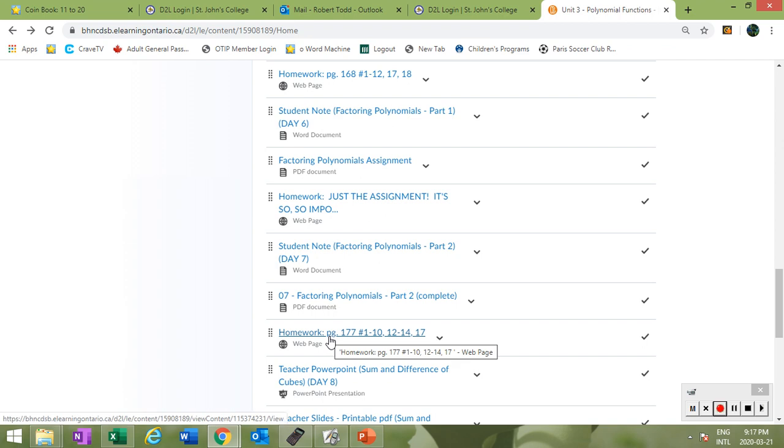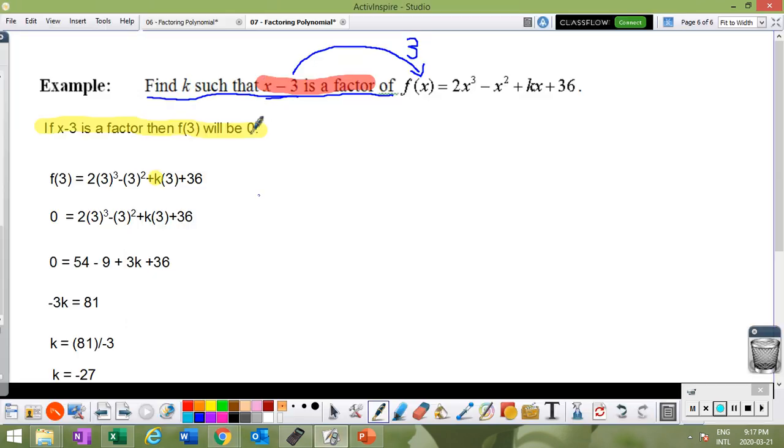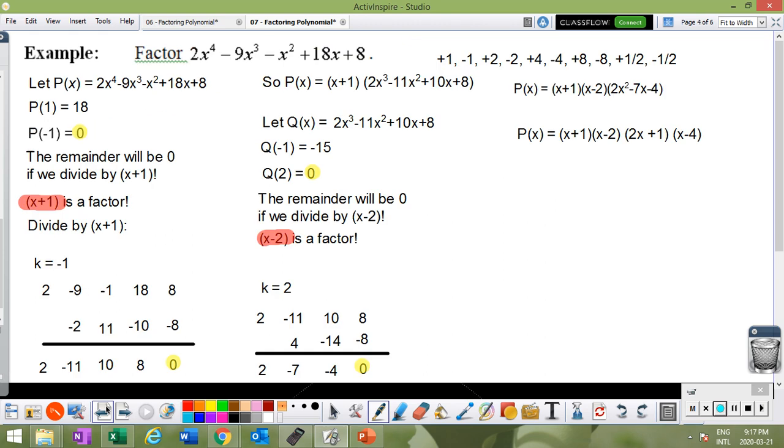This is the most important homework you've seen so far in this course. Practice is so important. Go to page 177 and go to war with this homework. You will have troubles in some questions because they ask you weird things, but some of them just ask you to do this procedure right there again and again and again, and the practice is important.